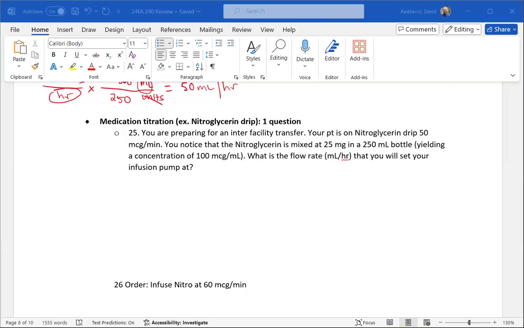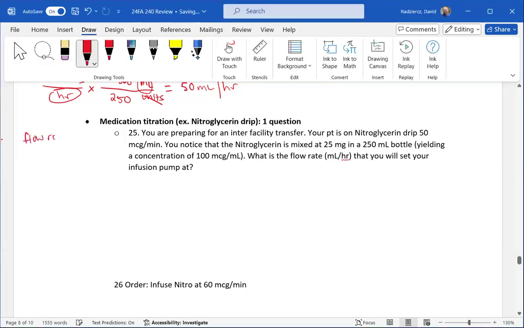I know at Boyce it's notorious that you will not be given the units you're looking for. You're just supposed to know, and at this point I think you already know that. Typically, when they ask for flow rate, it means milliliters per hour.